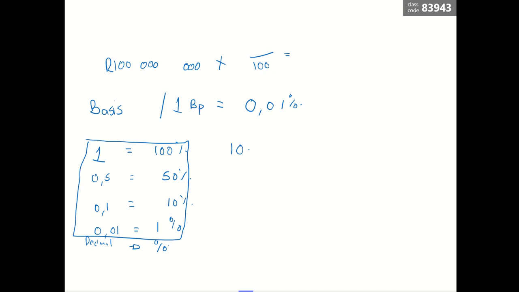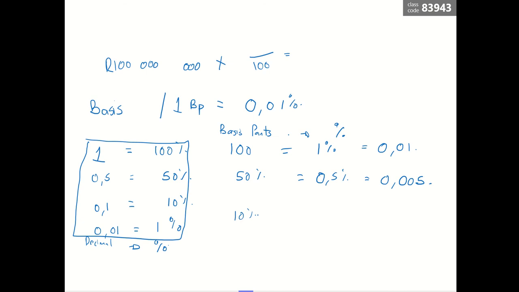So 100 basis points to a percentage: 100 basis points is equal to 1%, which is equal to 0.01. So 50 basis points is equal to 0.5%, or 0.005.